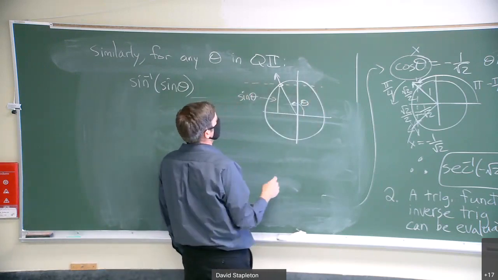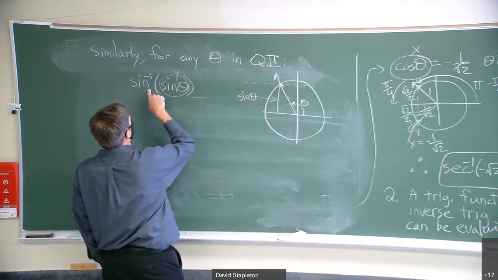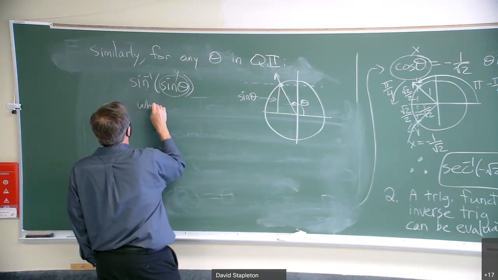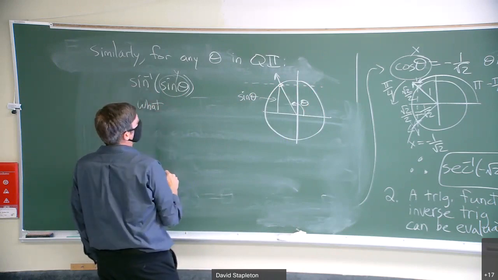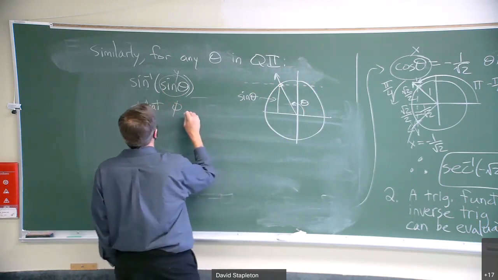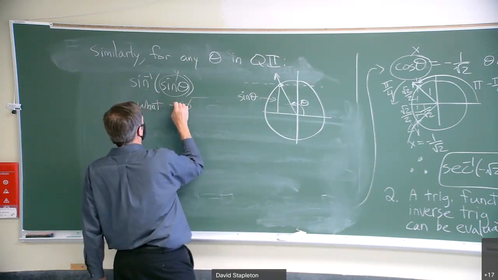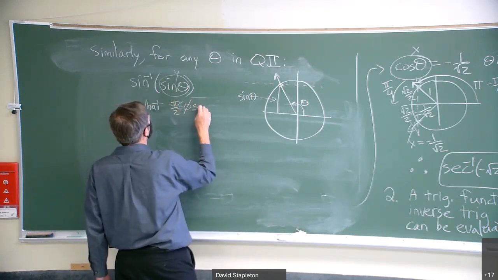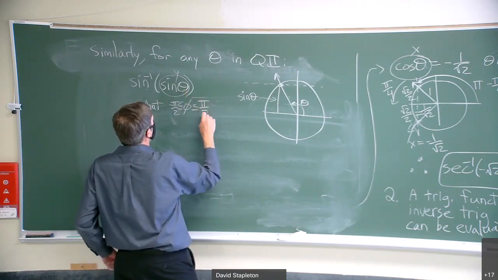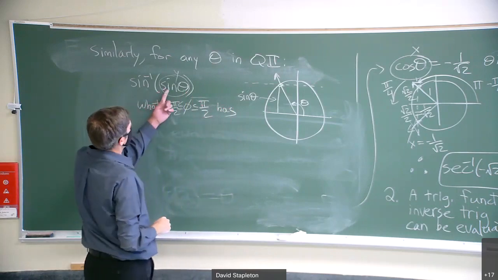We want the inverse sine that has the same y coordinate, right? This is y. And this is asking what angle phi, let's say, for the other angle, between minus pi over 2 and pi over 2, has this y coordinate.